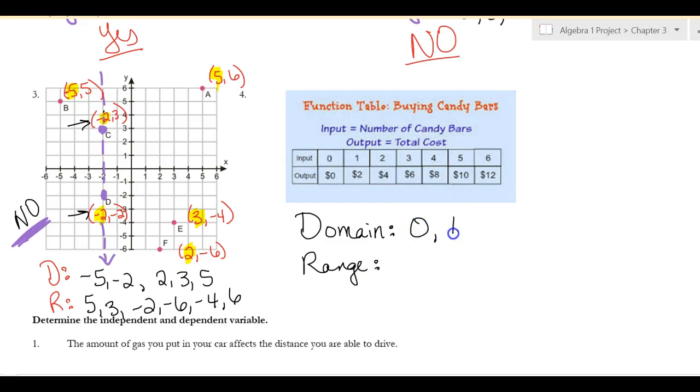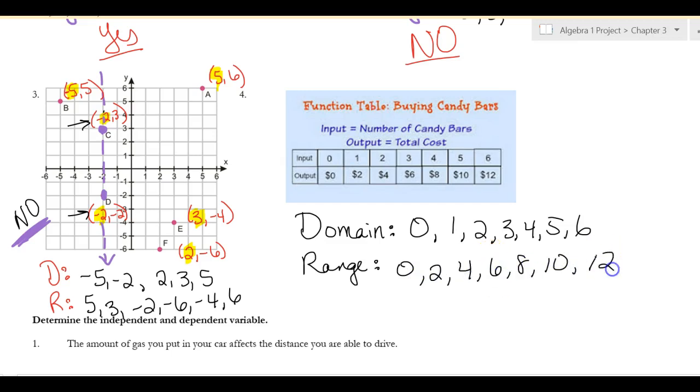So my domain is 1, 2, 3, 4, 5, 6. And then my range is the cost. 0, 2, 4, 6, 8, 10, and 12. To find out if it is a function, you look at your x values right here. None of those numbers repeat. So since none of those numbers repeat, it's an automatic yes.